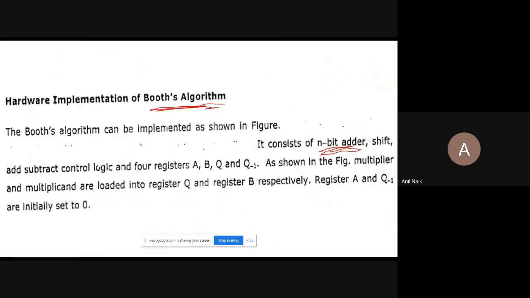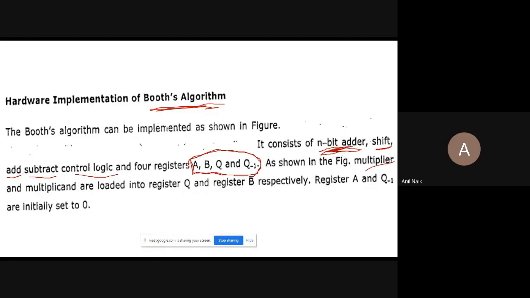So Booth's algorithm hardware consists of an n bit adder, a shift operation circuit, add and subtract control logic, and four registers. Four registers are very important: the A accumulator register, the B register where the multiplicand is stored, then Q for the multiplier, and Q minus 1, which is a single bit register.